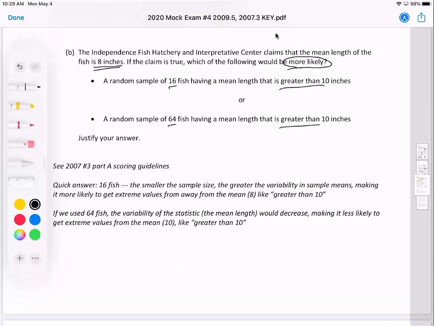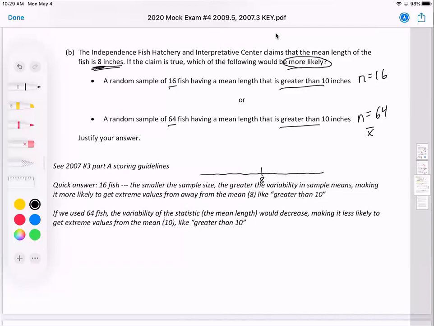So the basic idea is we're expecting the sampling distribution, whether our sample size is 16 or our sample size is 64, we're expecting the sampling distribution of X bar to be roughly normal. The population is roughly normal. And it will be centered at 8, we're told right here, 8.